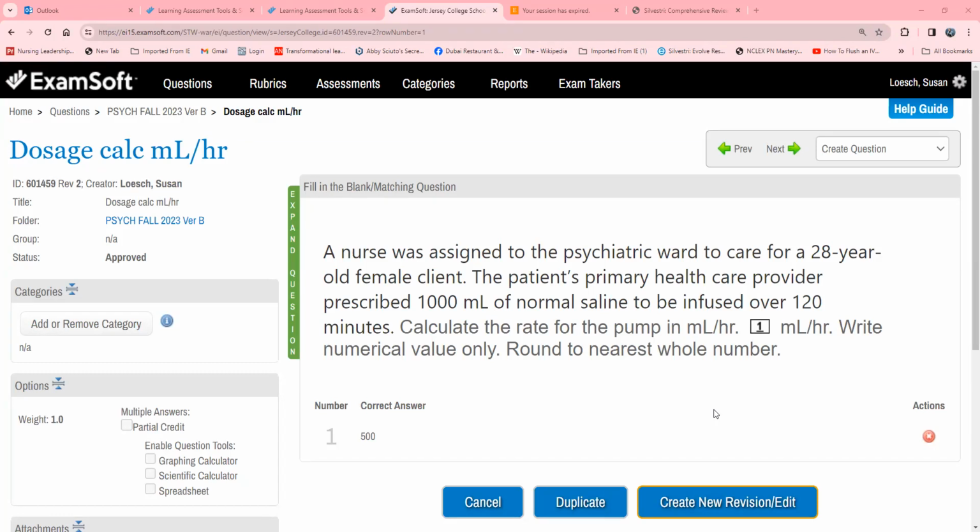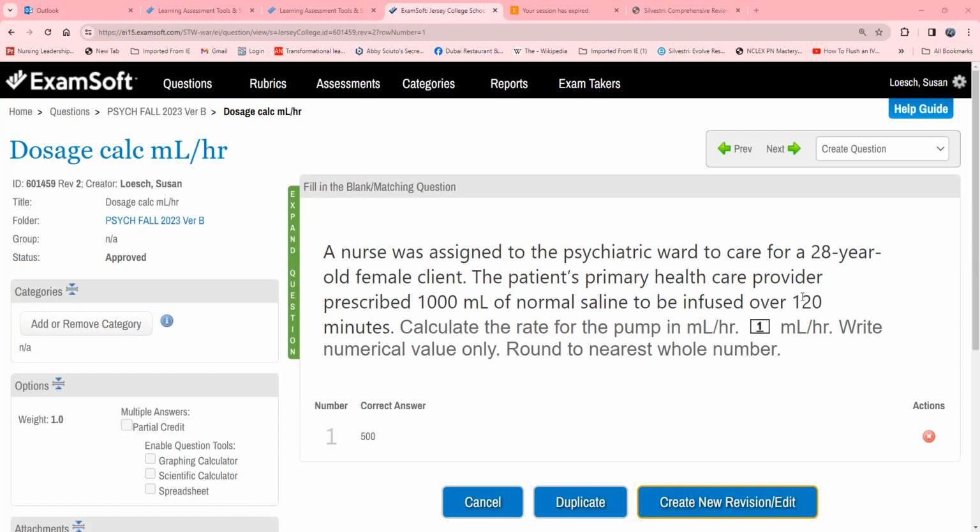So you're calculating the pump in mLs per hour. The problem is your time is in what? Minutes. So you either have to convert that time to hours or you have to multiply the answer by 60. Again, 120 minutes is 2 hours.